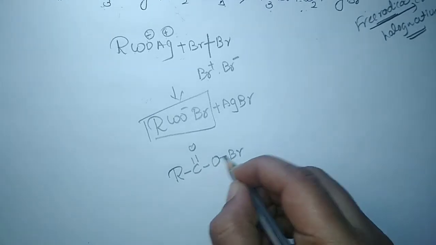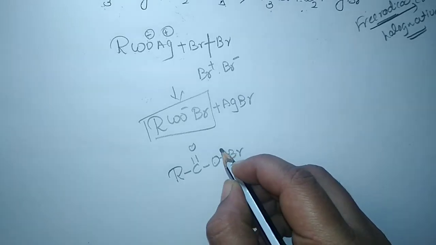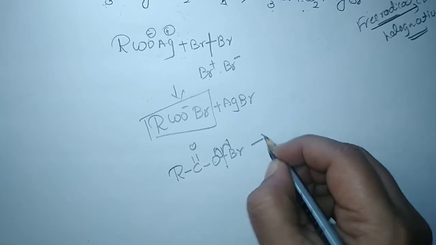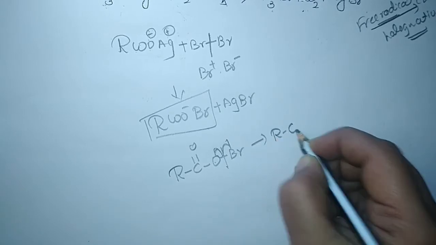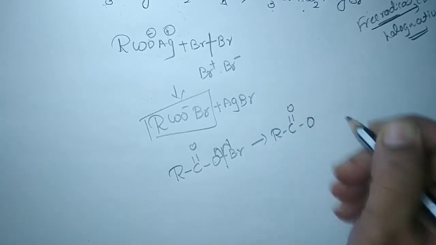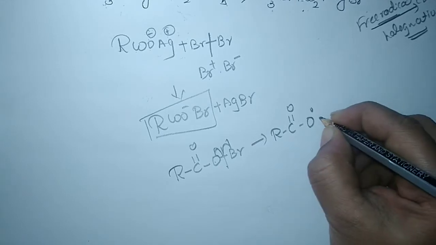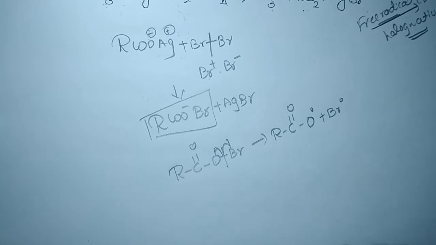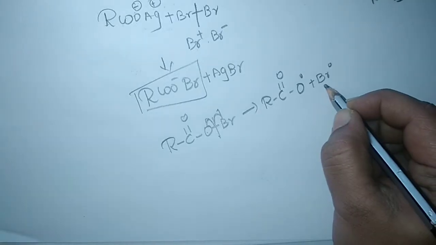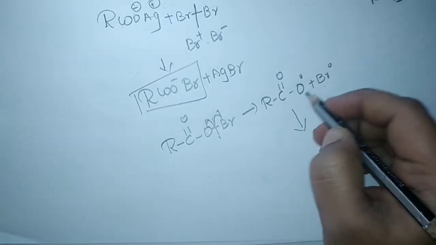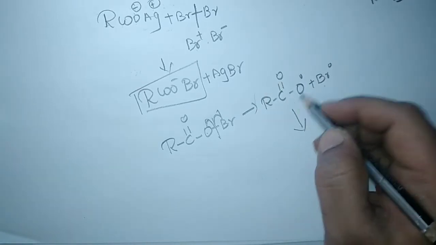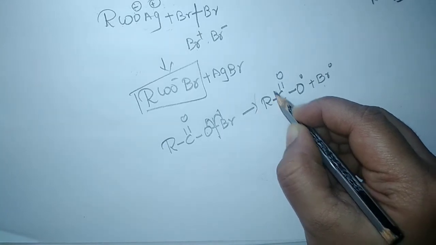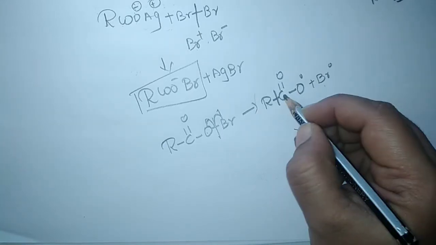Here the O-Br bond breaks equally, so homolytic fission takes place. It results in the formation of RC double bond O with a free radical, and Br with a free radical. This is unstable, so again homolytic cleavage takes place at the R-C bond.